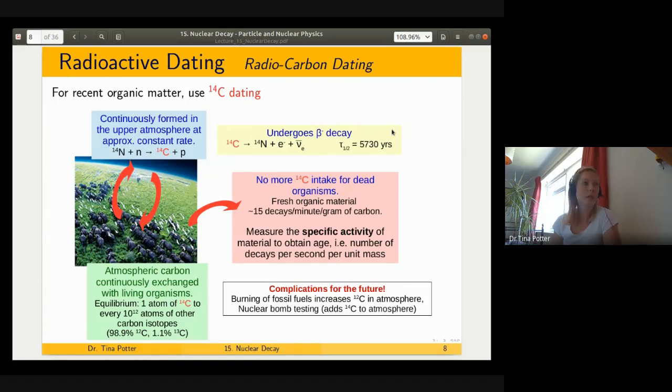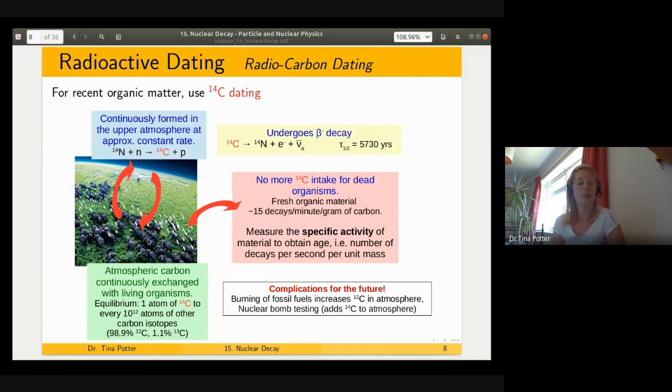Now, we've kind of complicated things for ourselves with this wonderful radiocarbon dating. Since the Industrial Revolution, we've had a huge burning of fossil fuels, and it's increased the carbon-12 in the atmosphere, which changes this equilibrium that is reached for living organisms as they're alive.